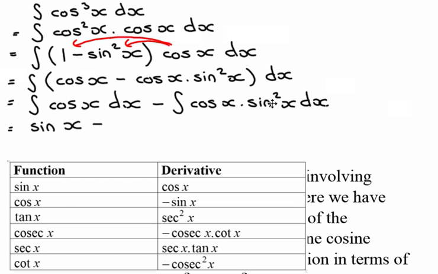The derivative of sine x is cos x according to our table. So remember, we just use the power rule where we add 1 on and we divide by that. So it becomes sine cubed x divided by 3, which is the same as a third sine cubed x. You can write it over 3 instead if you want to, plus the constant of integration.